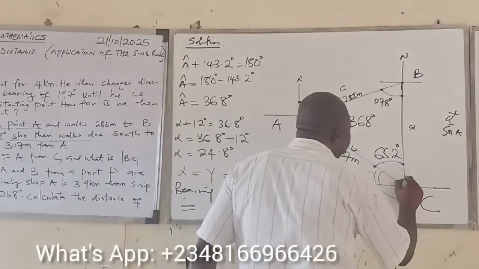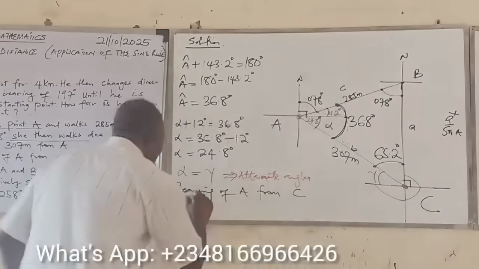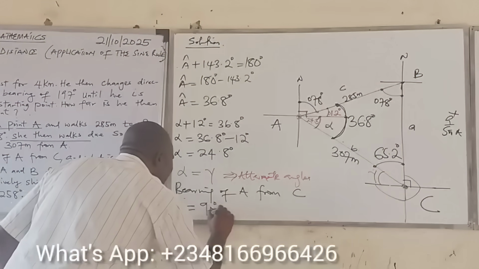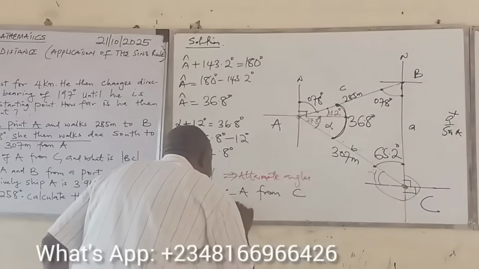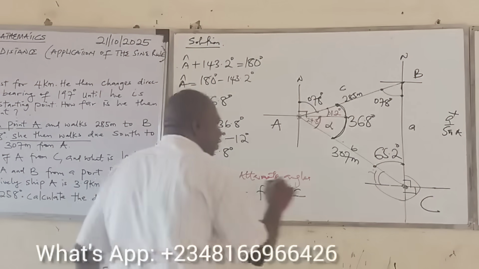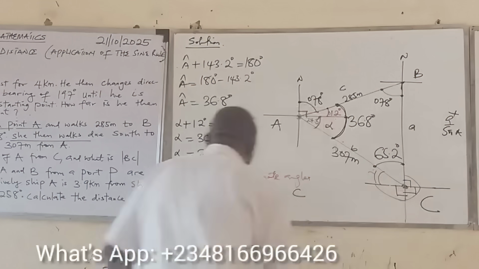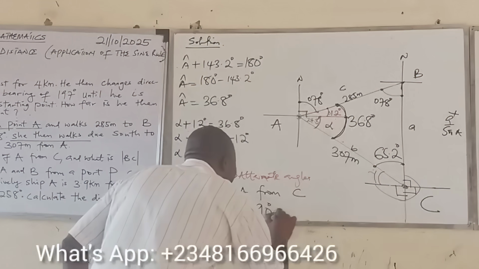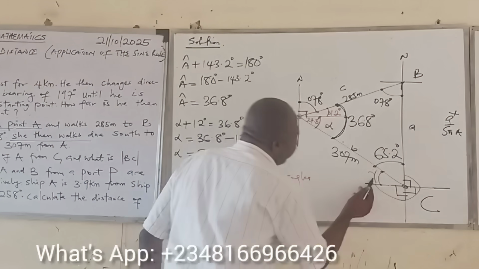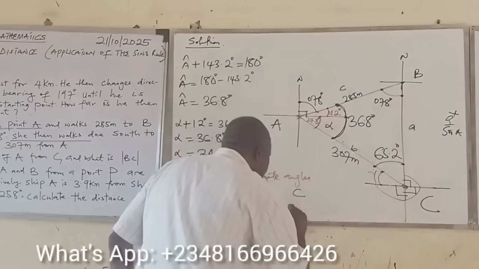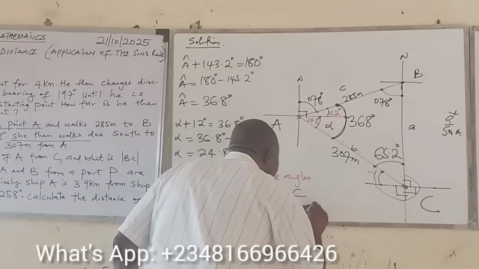Now let's look at this. This is 90 degrees. So you pick your 90 degrees plus another 90 degrees, plus this angle from this point to this point, which is alternate to this angle, so plus 24.8 degrees.